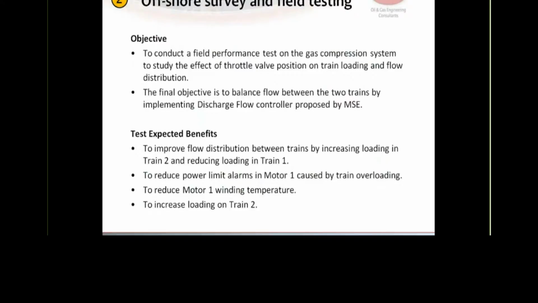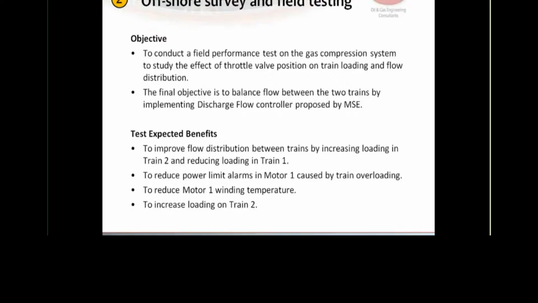So we have all this in concept and we did talk to the client. Our next stage is to prove that this concept is not just an academic solution, so we actually have to do this offshore. The whole objective of going offshore was to implement the test procedures to see that what we are suggesting is a viable option and will help.